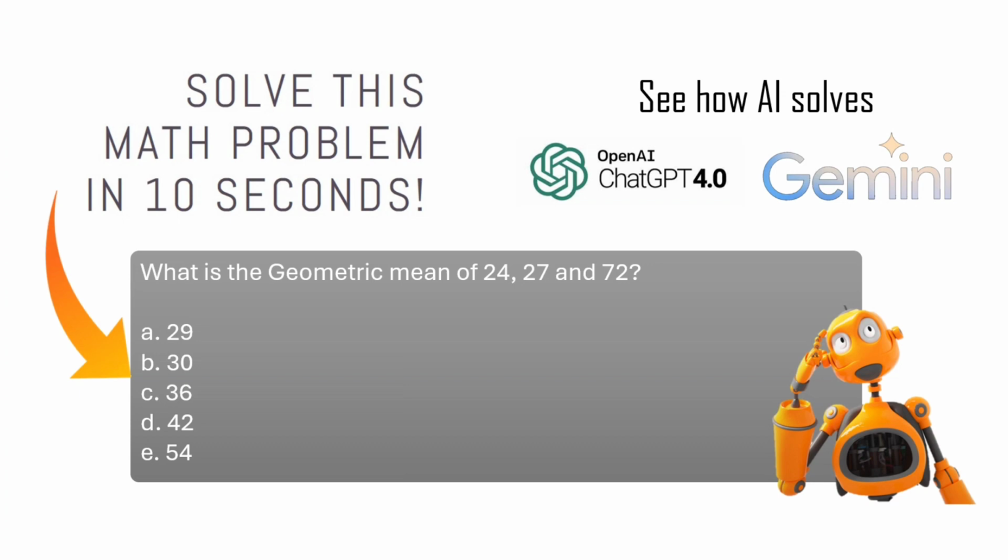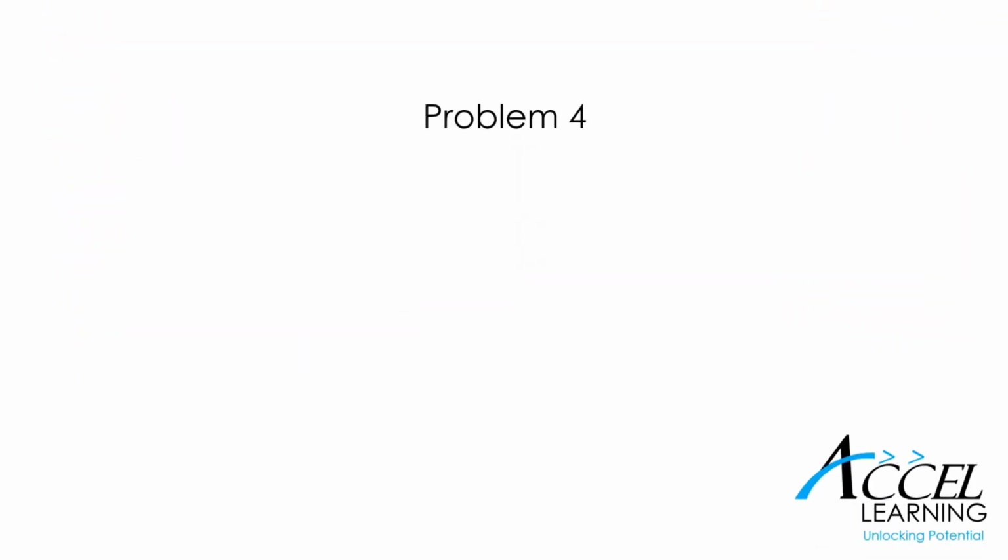We will even explore AI responses like ChatGPT and Google's Gemini to see how they can solve these questions. And lastly, we will show you the fastest and smartest way to calculate the problem without the use of a calculator or an AI. Stay tuned till the end and see how we can solve this problem in less than 10 seconds.